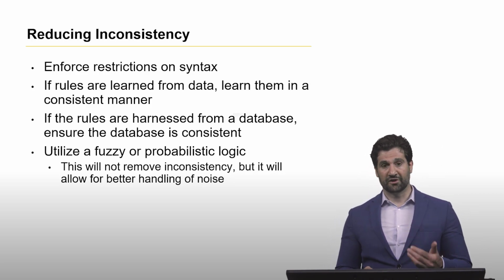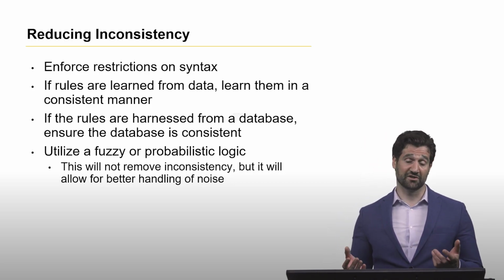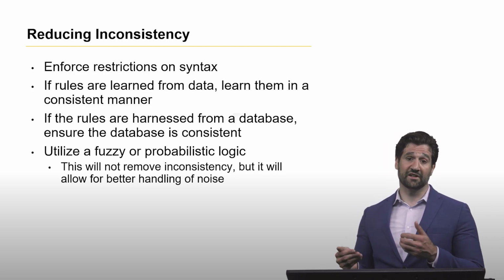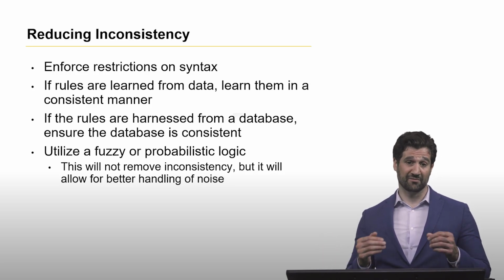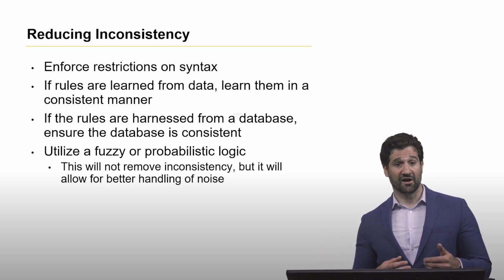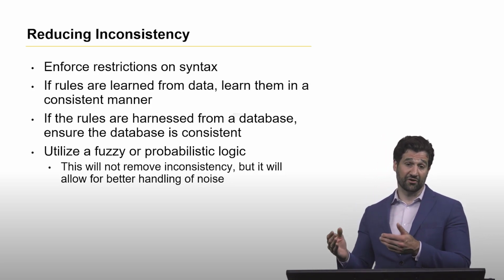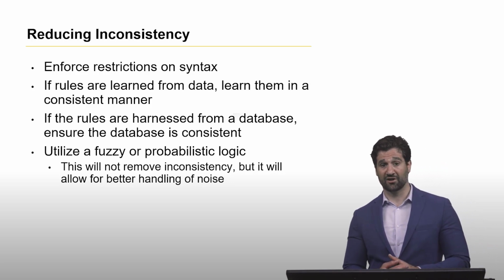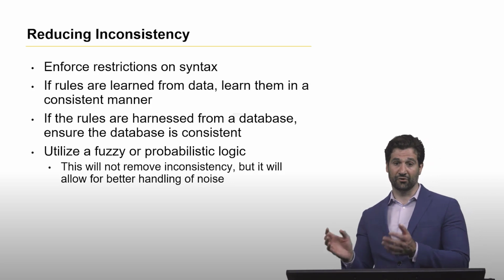Now, to be clear, fuzzy and probabilistic logic also have a notion of inconsistency, but in a data-driven application, these will likely come up less often because you have this space over the reals to move about in to handle that noise, where you don't have that with a more rigid classical logic where everything is just true, false, or uncertain.